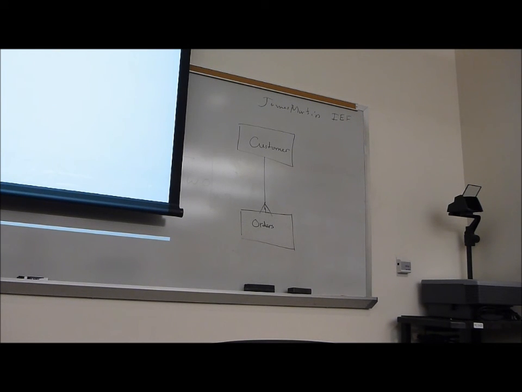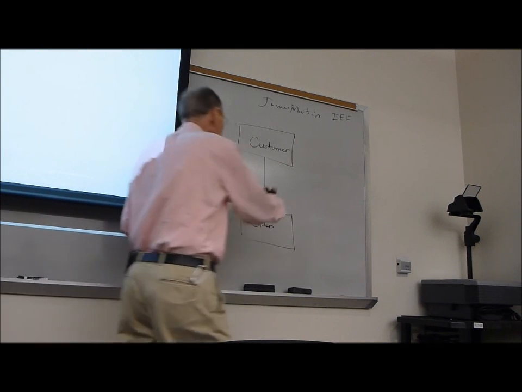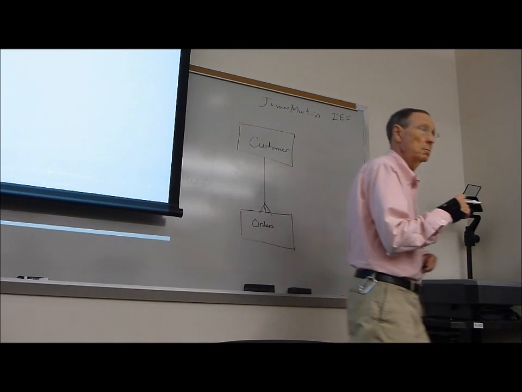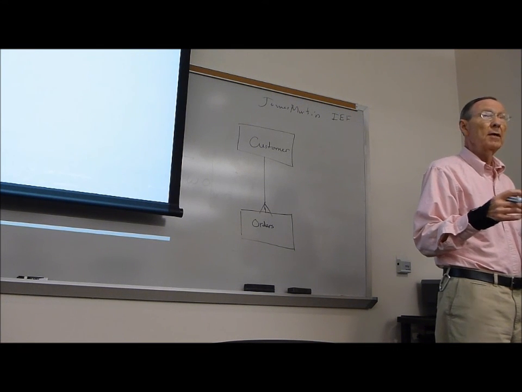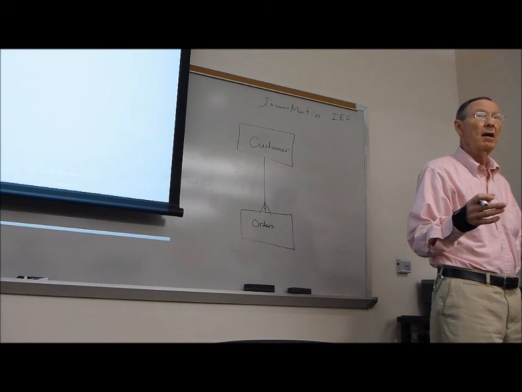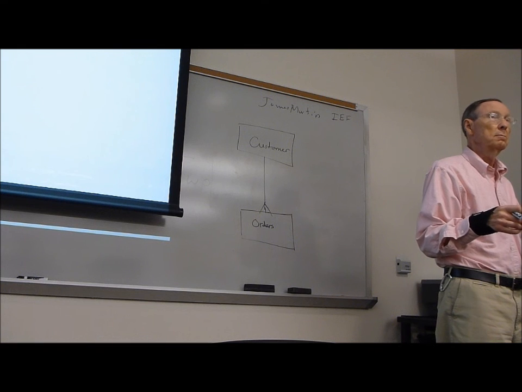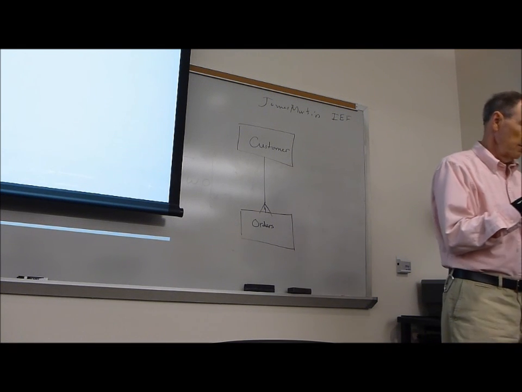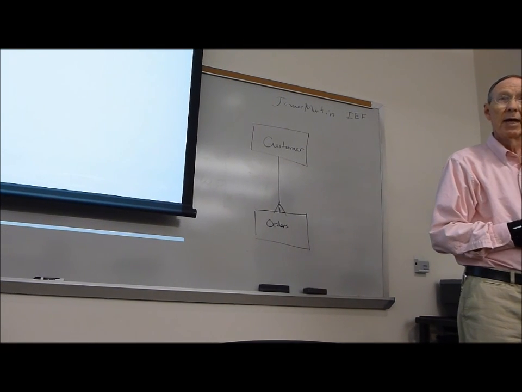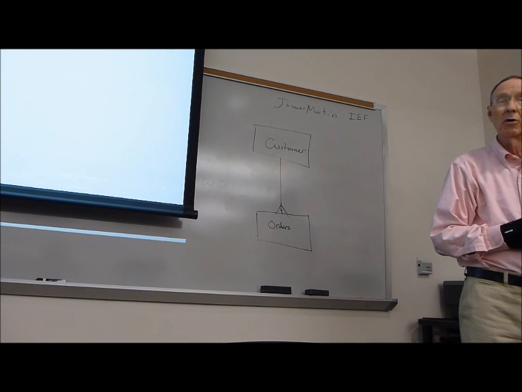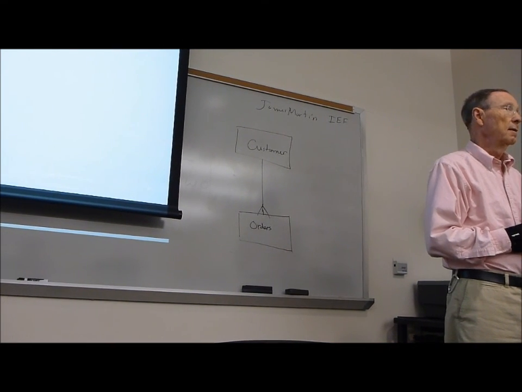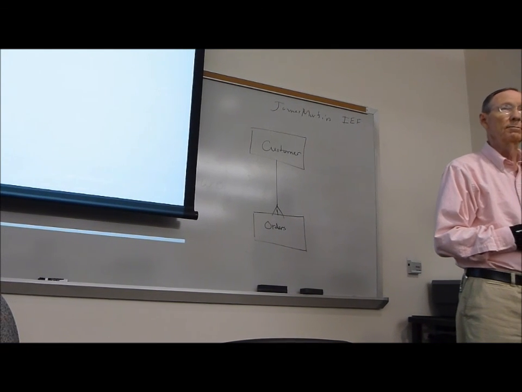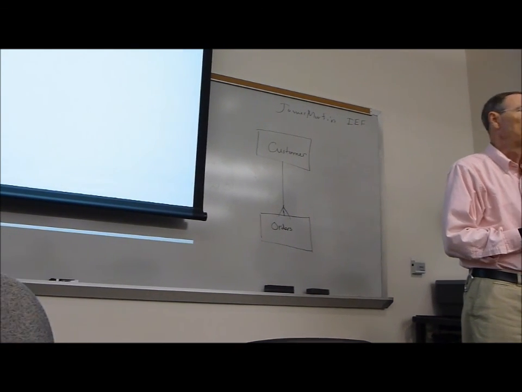So if he doesn't have an order, then we don't see a relationship on that. It'd be like we ask the query, how many of our customers in the database now don't have an order with us? You remember the exercise we had on that, doing the outer join? Well, we want to send a flyer out to them and say, we've got a good sale coming up, to see if we can get them to place some orders.